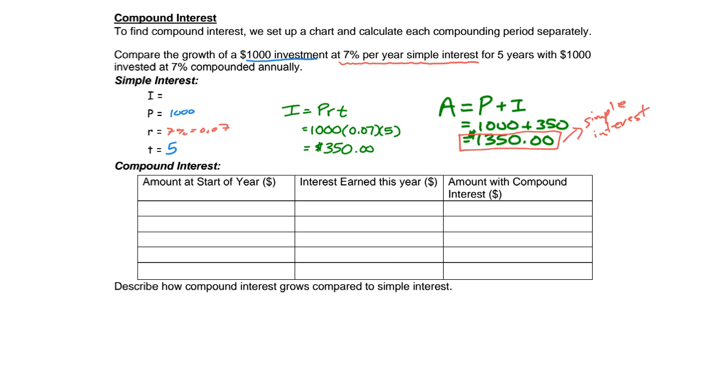Now, let me explain what's actually going to happen. In year one, we put our money into the bank for the compound interest. So imagine this was our year column and this was year one. Okay? And we put our $1,000 in.